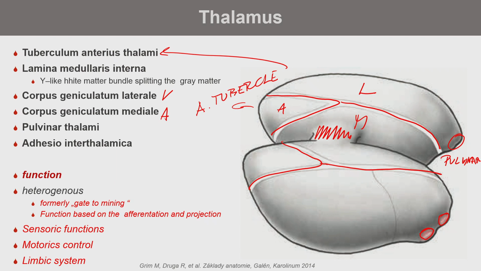So the functions of the thalamus are several. The most prominent is the relay of a sensoric information into the telencephalic structures, but the other important are motor control relayed with the basal ganglia and supporting the preparation of a musculoskeletal system to the motion. And the last one is the limbic system.